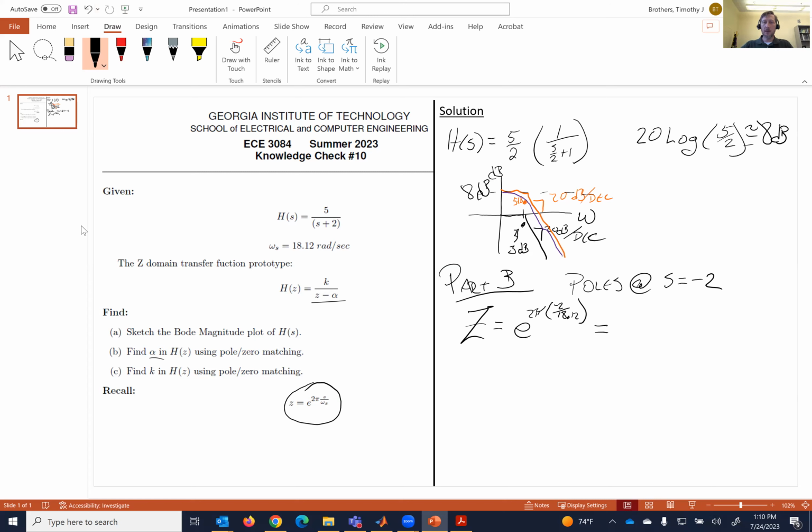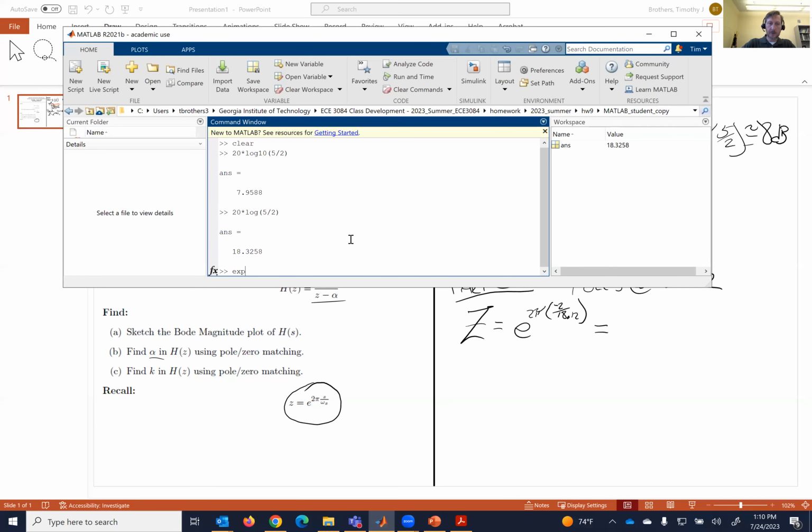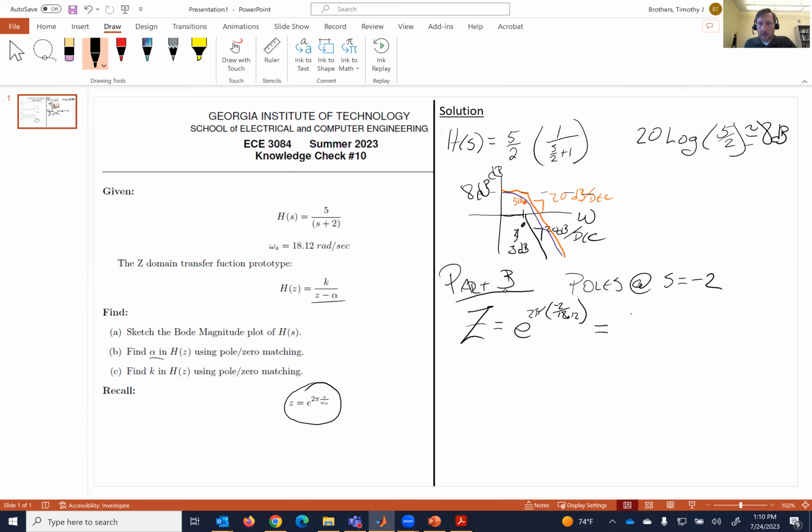So now again, if we bring up MATLAB or your calculator, whatever you have to do this, we're going to see that all we need to do is do exponent of 2 times pi times -2 divided by 18.12, and that's going to give us 0.4998. So that is going to be approximately 0.5.